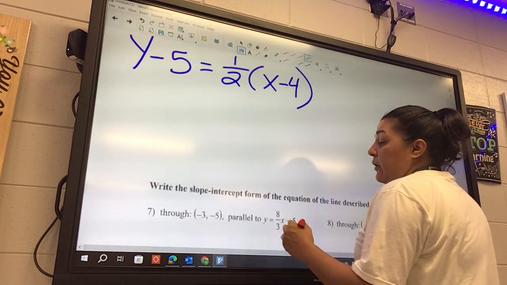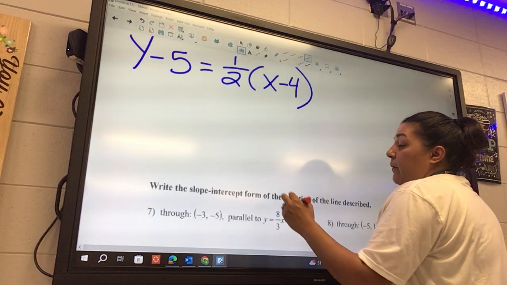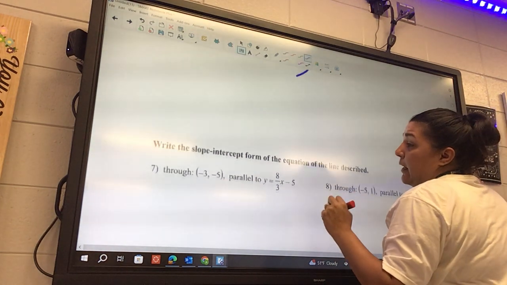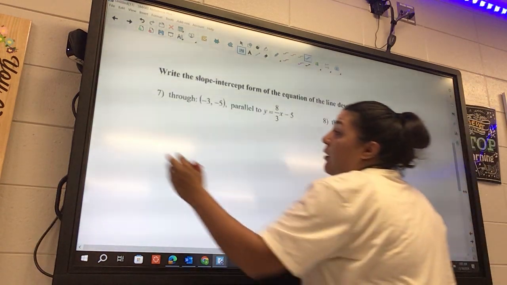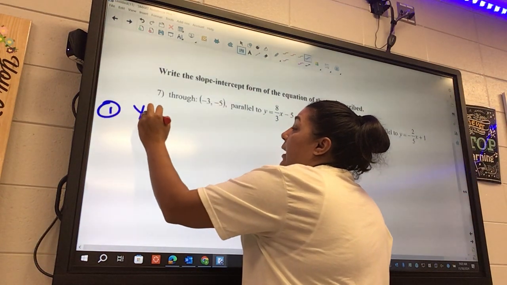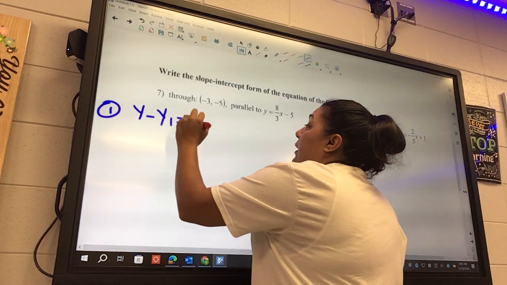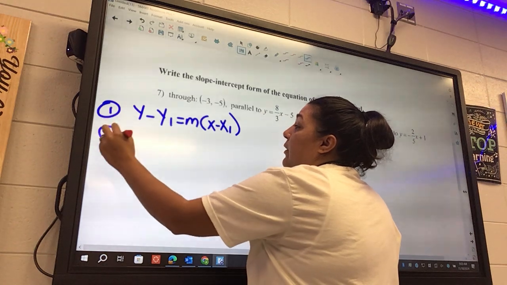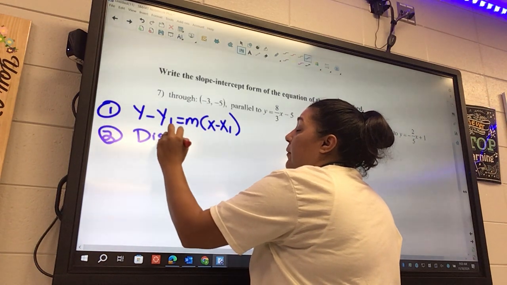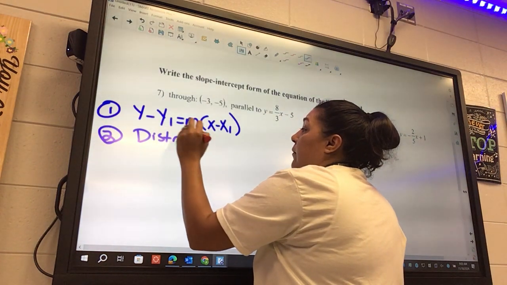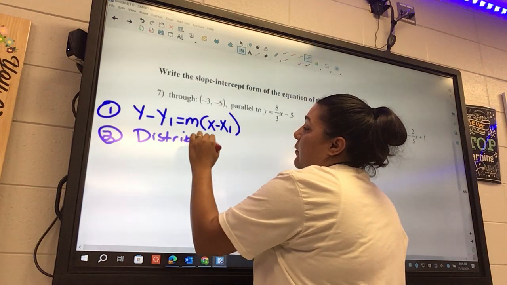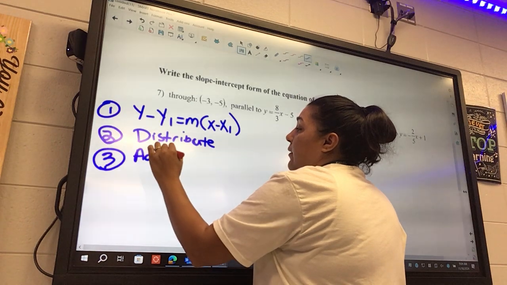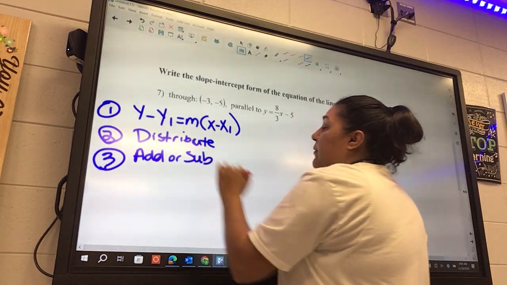Okay, number 7. You're going to do them in the following steps. Step 1 is y minus y1 equals m times x minus x1. Your second step is to distribute, and your third step is to add or subtract.